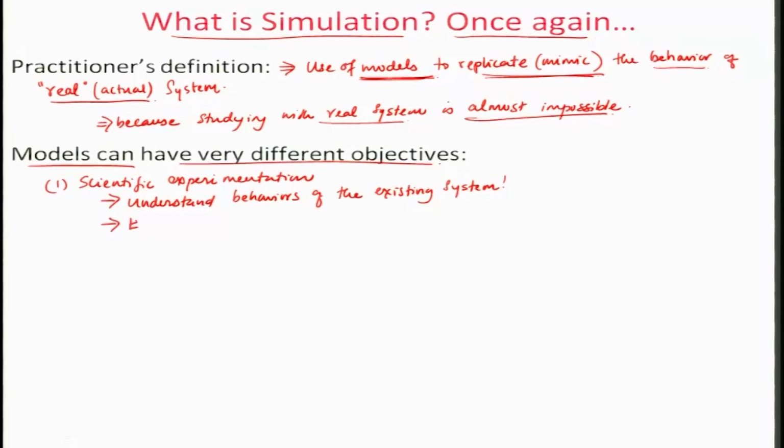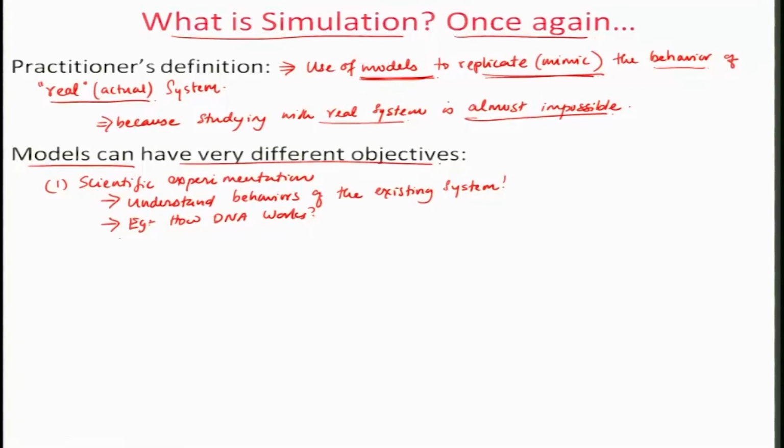An example of this is how DNA works. You may not be able to understand the behavior of the DNA because it is very hard to take the DNA out, put it in a room and see how it behaves.